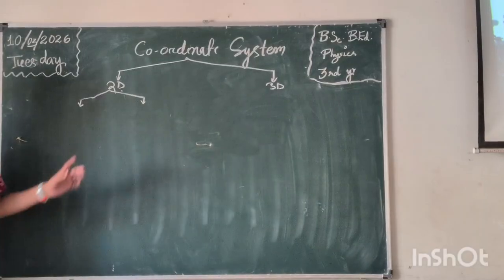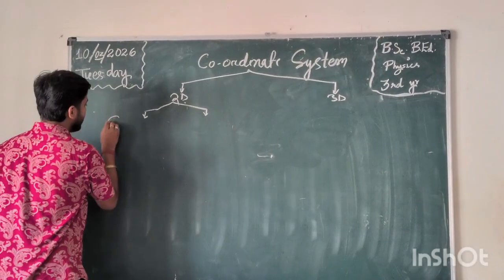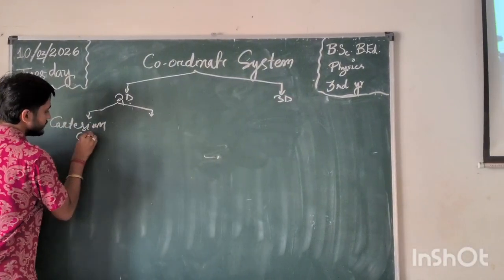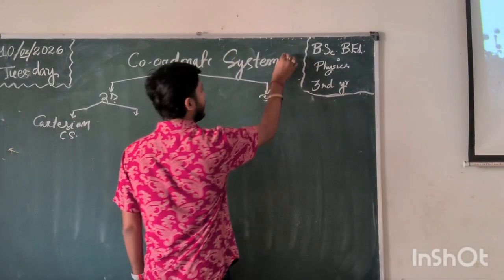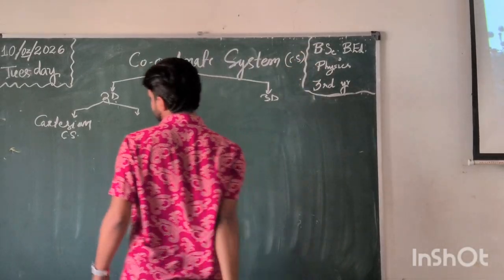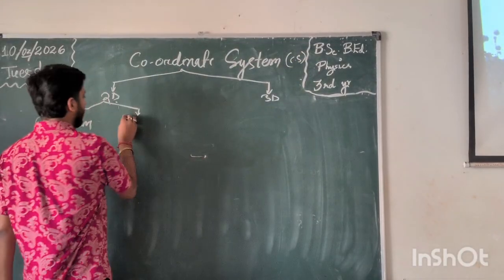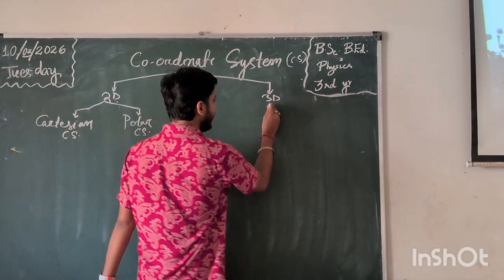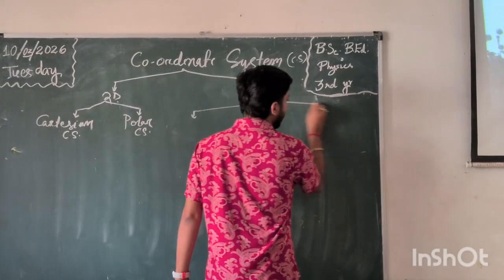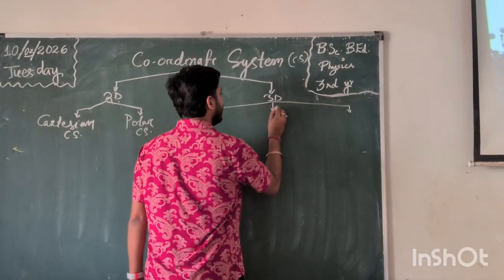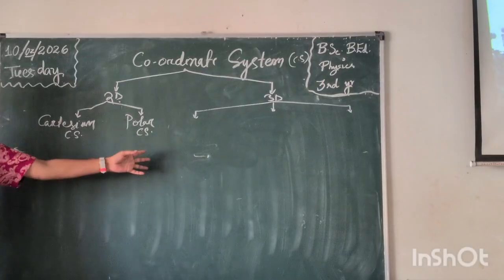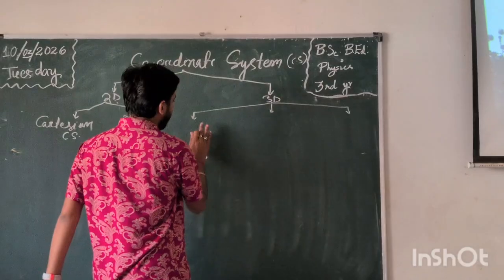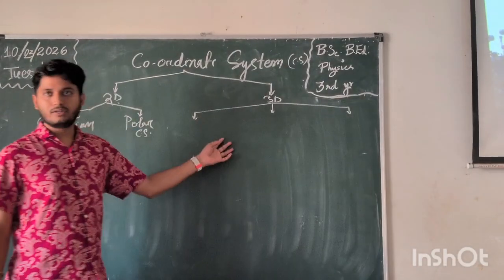One is our Cartesian coordinate system; I am writing CS for coordinate system. The second one is our polar coordinate system. In 3D, there are three types of coordinate system. These two coordinate systems we already studied before, and I am discussing them also. Don't worry. And in 3D, this is a new thing for us.